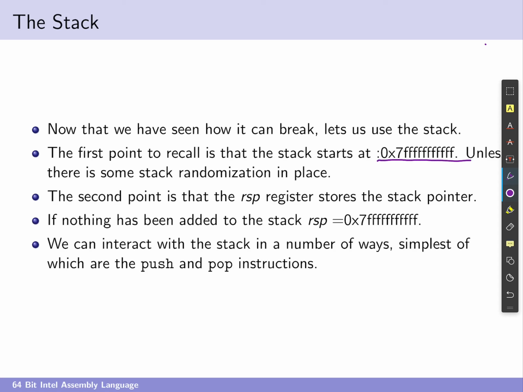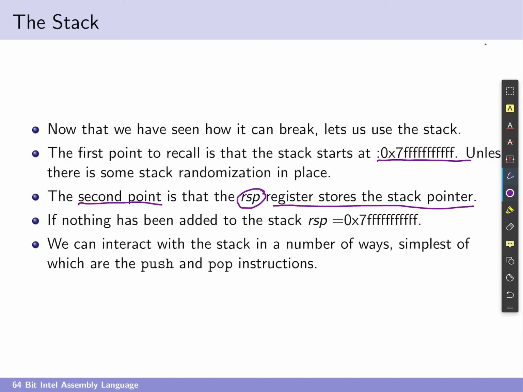Now the second point that we should always keep in mind is that the RSP register, which we mentioned when we discussed registers but haven't used very much, actually stores the stack pointer. So this will point to the current location of the stack.